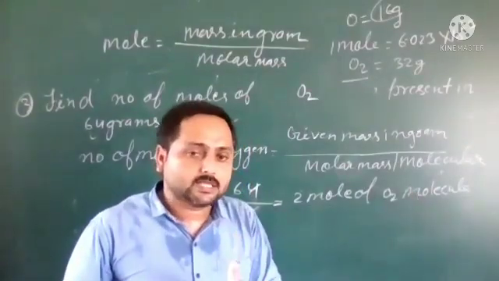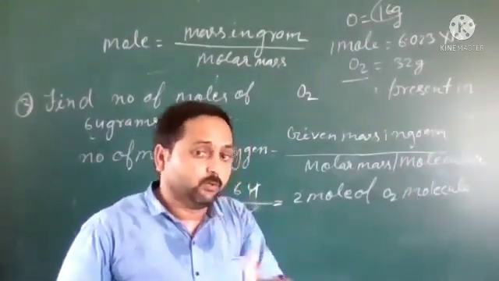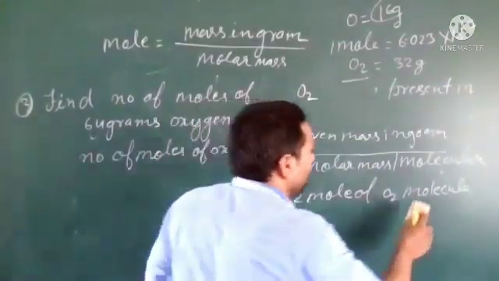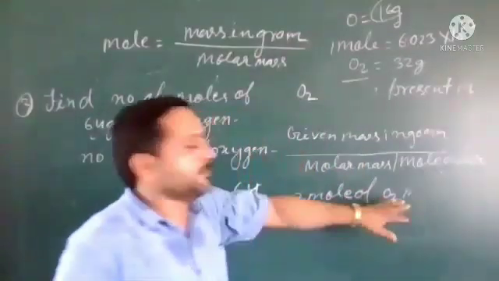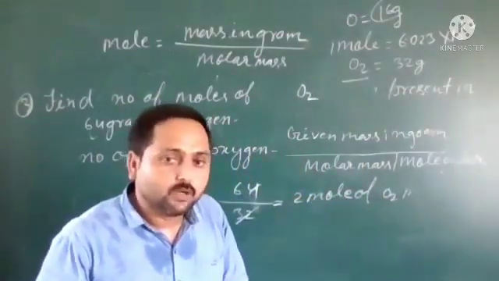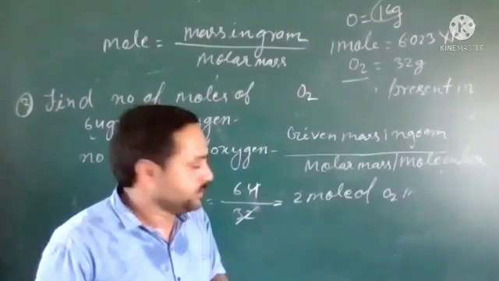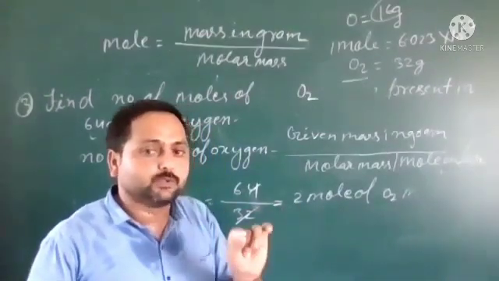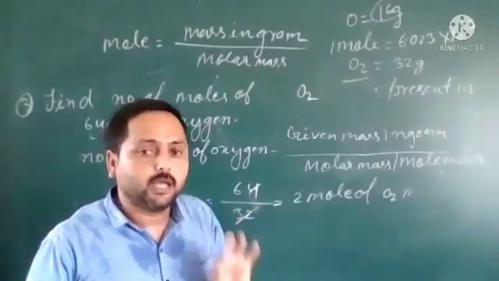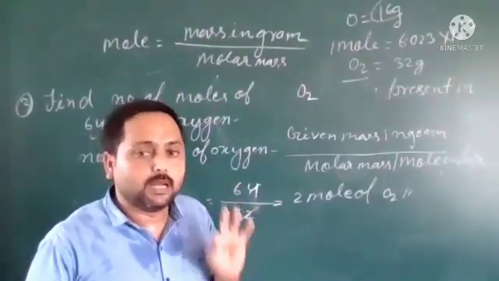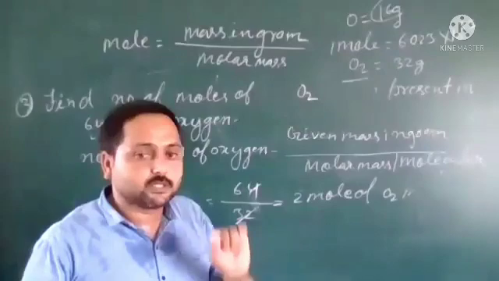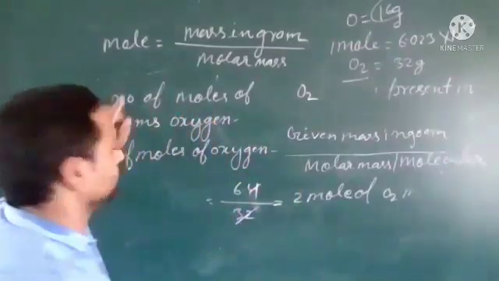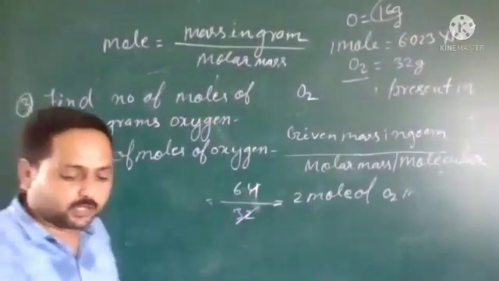If I ask you the number of molecules, we will multiply this by 6.023 times 10 to the power 23, and that will be equal to the number of molecules of oxygen present in 64 gram of oxygen. Got it?